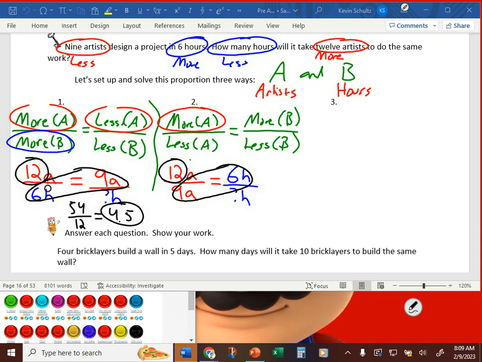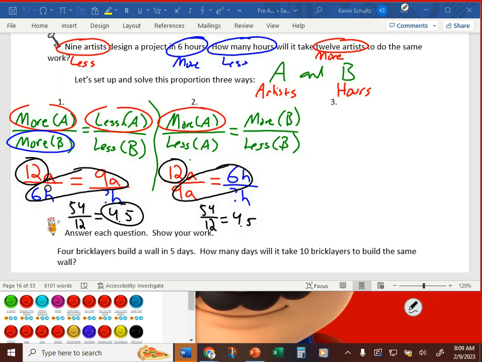But because we switched them diagonally, we still end up multiplying 9 and 6 together. 6 times 9 is the same thing as 9 times 6, 54. And we're dividing by 12, and we're going to get 4.5. Okay? So the reason why this works is because when you go to cross products, the math is the same. The setup is different, but the math is the same. How are we doing? Good.